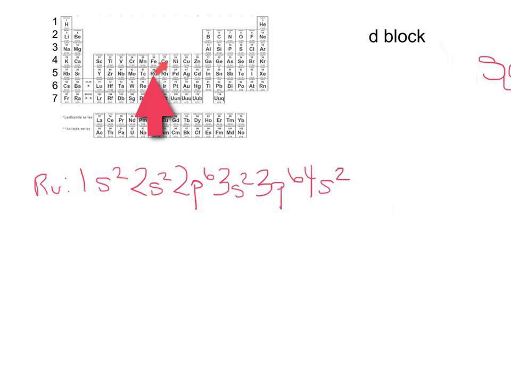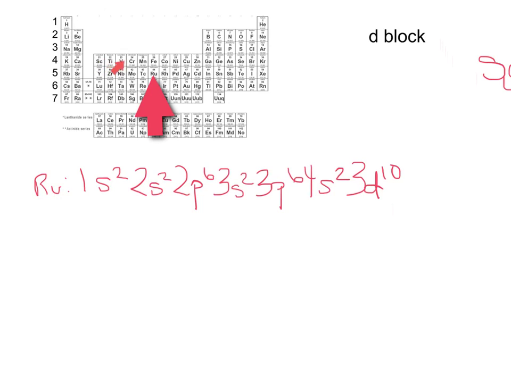And d block is the only one that you have to subtract 1 from, because right when you get back into p, this really is the 4th energy level. So we have to go back to the 4s there. So I just did 4s2. Now I'm going to do 3d10. That's my next step. So 3d10.